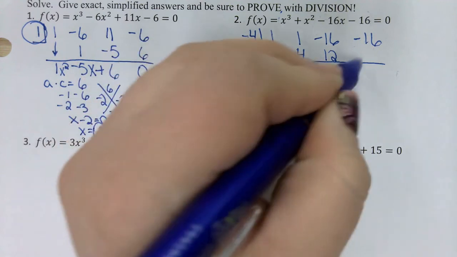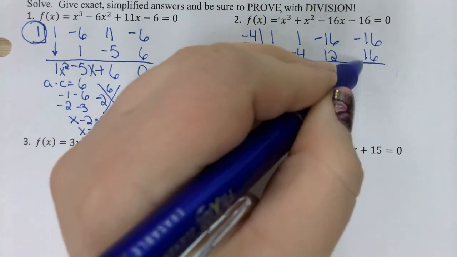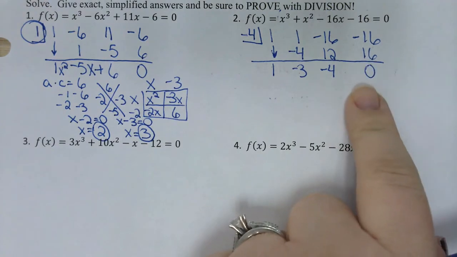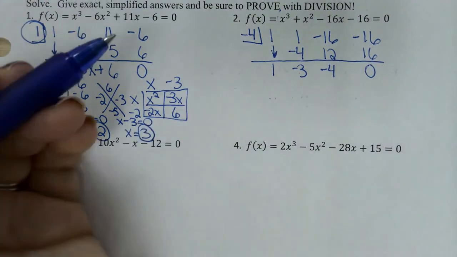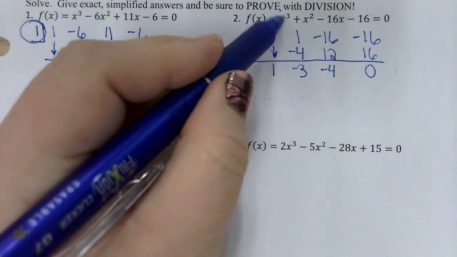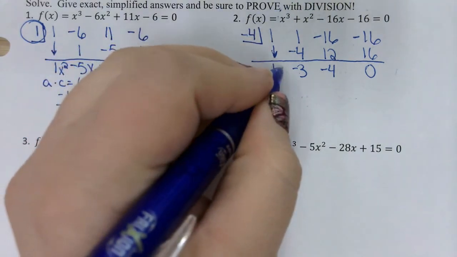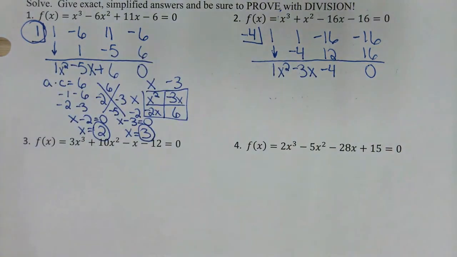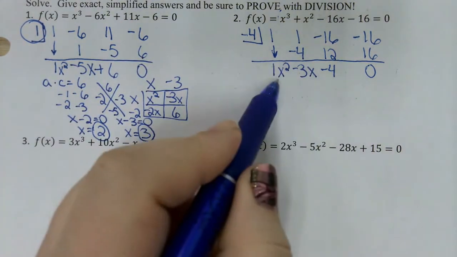Multiply. Add. And you have to have 0 as an answer. So my depressed polynomial, it started with a cubed exponent, so x squared will be what the depressed polynomial starts with. And here's my depressed polynomial.